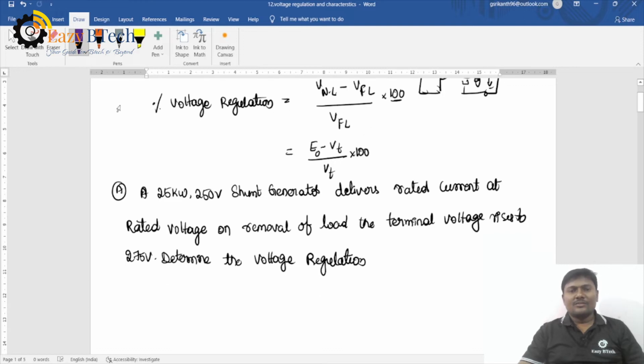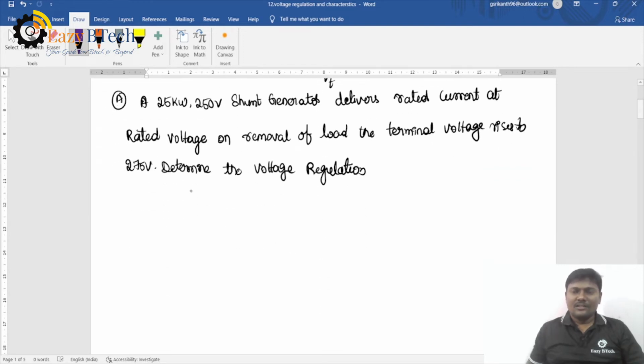So what is the solution for this one? Rated current at rated voltage, yes, the terminal voltage is 250 volts. The terminal voltage rises to 275 by removal of load, which means the no load voltage is 275.